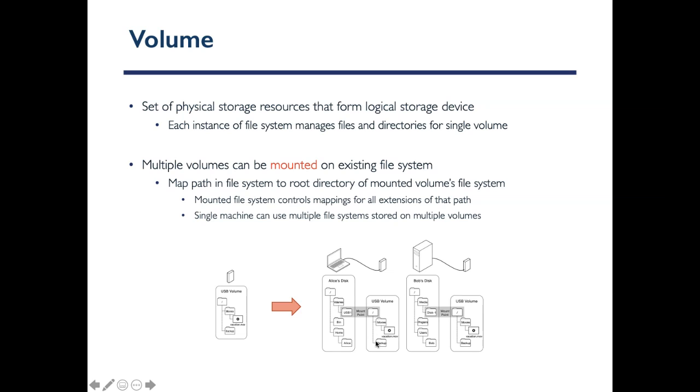So what happens if you want to access this file? Well, now the address of this file becomes root volume USB1 movies, and then your movie file. What happens is that your original file system will parse the first 3 folders and then figure out that this is mapped to the second file system.